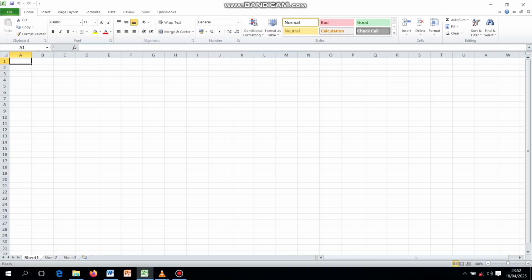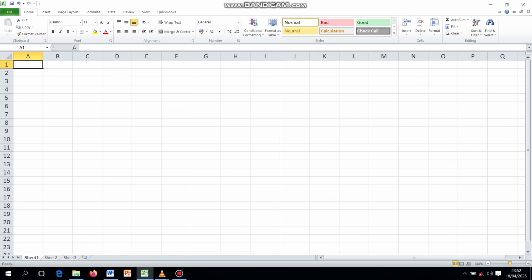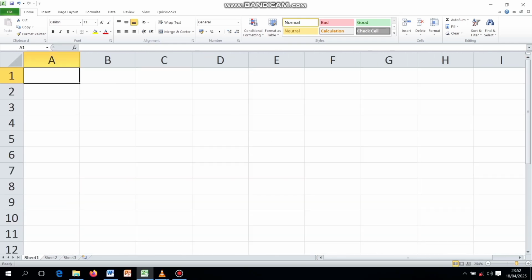I'm going to open up the Excel. Firstly, before I do anything, when I've just opened up the Excel, I'm going to first highlight the key points that I will need for my loan amortization.